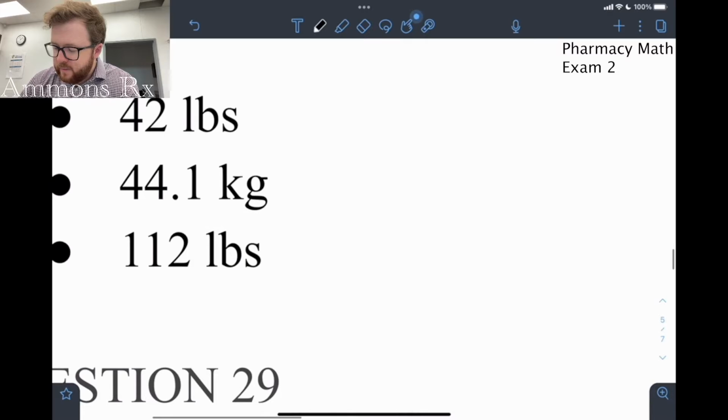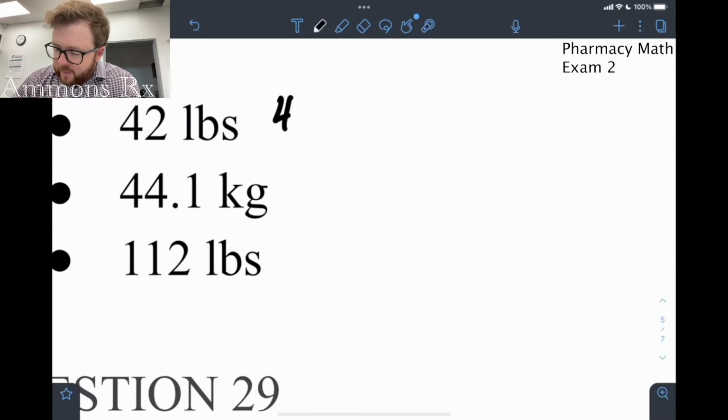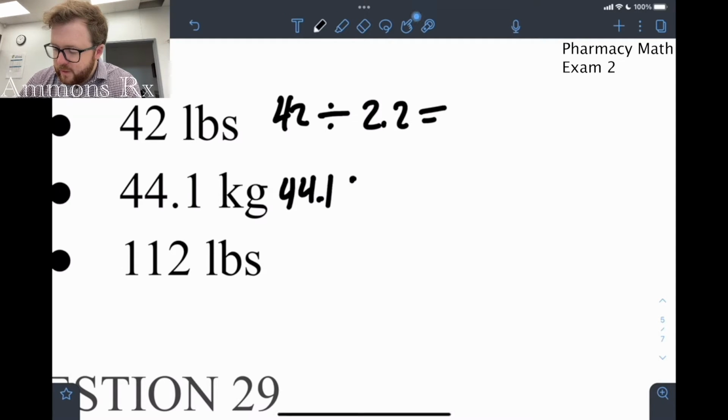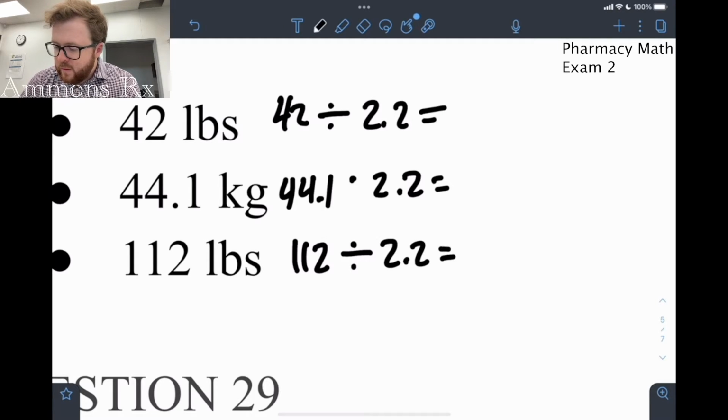So I'm just going to write them out. If I start with 42, I need to divide by 2.2. If I start with kilos, I need to multiply by 2.2, 112. Whoa. All right.